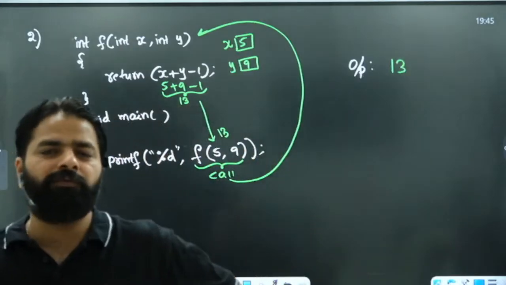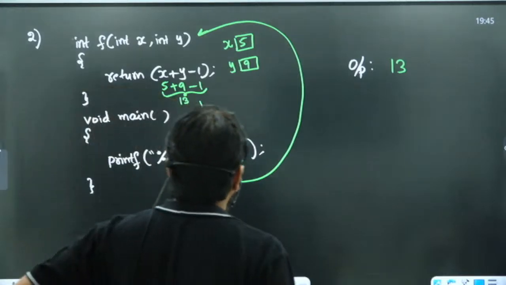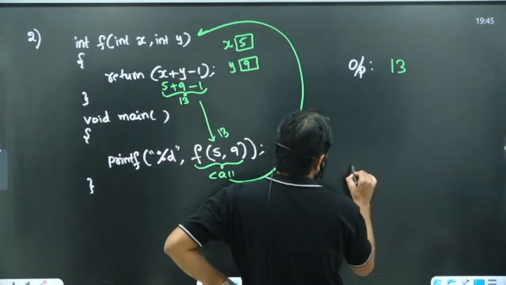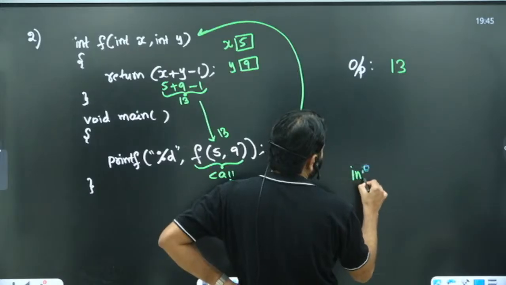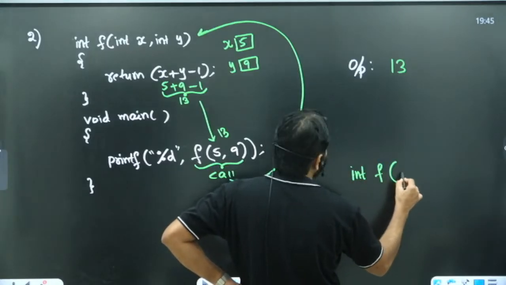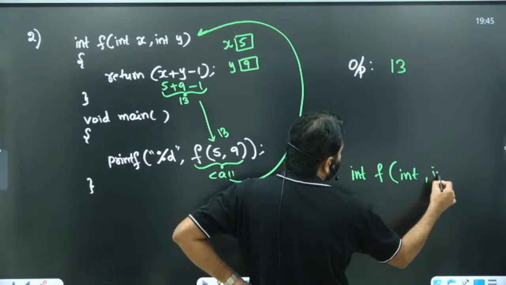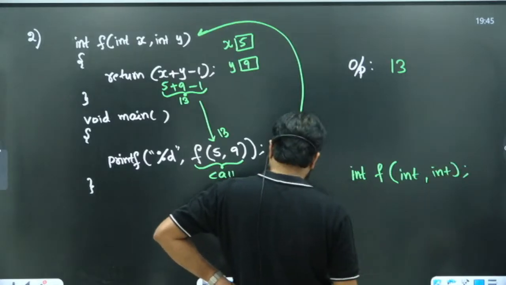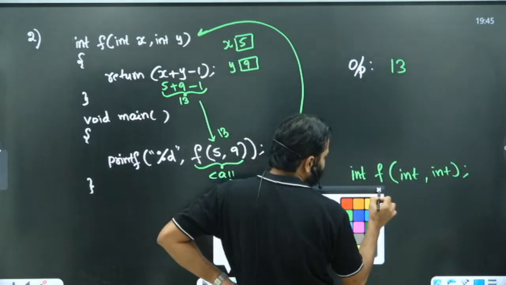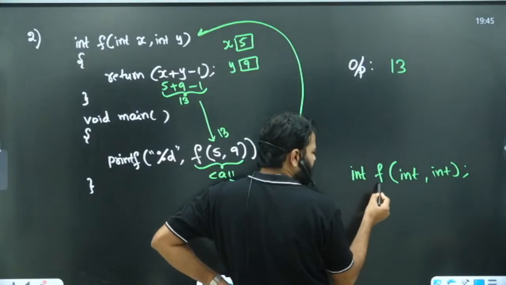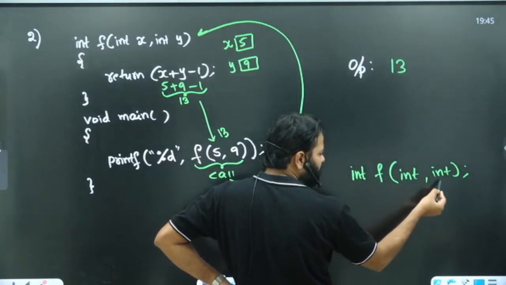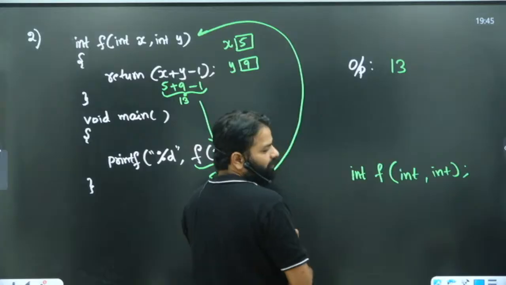So what type of function it is? The f is, you see, int f. This is called as a prototype, int comma int. And what kind of function it is? F is a function with 2 arguments and with return value as an integer.